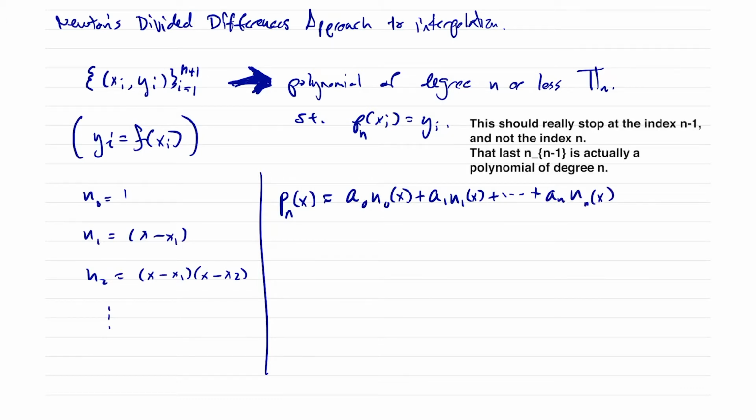That is an unfortunate notation for these Newton polynomials. Okay. All right. So what do we do? How do we get these a_i's?